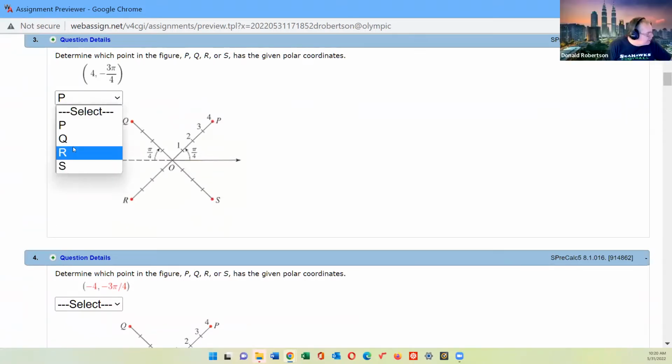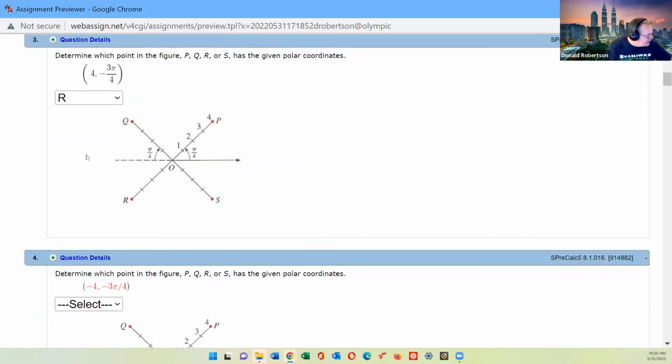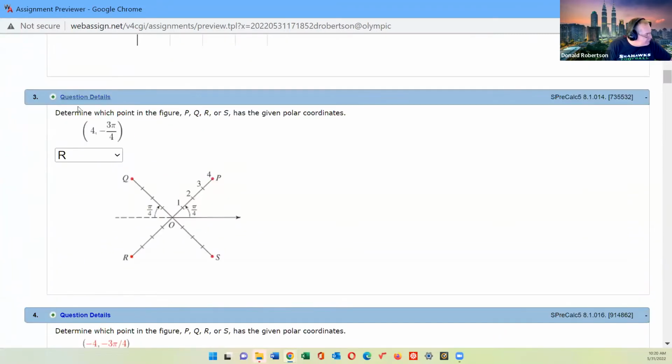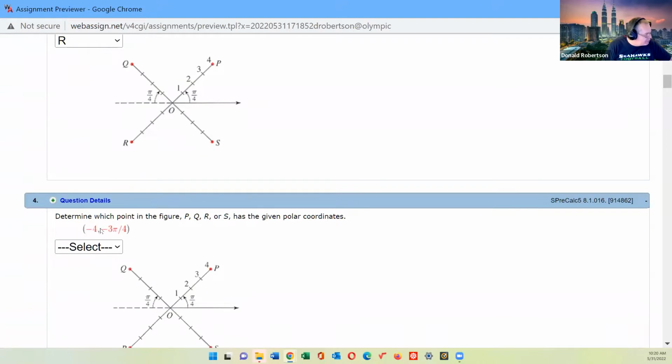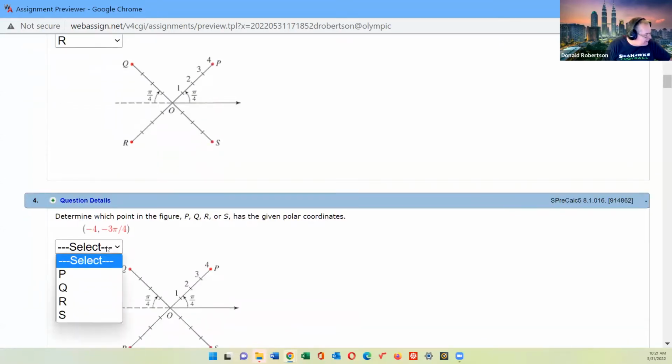Now this one is connected to that one. Remember we had the point R, which is this one. This one here has the same numbers, except there's a -4. So if R is that point, and you stick a -4 in front of it, don't you just go another 180 and it gets you to P?